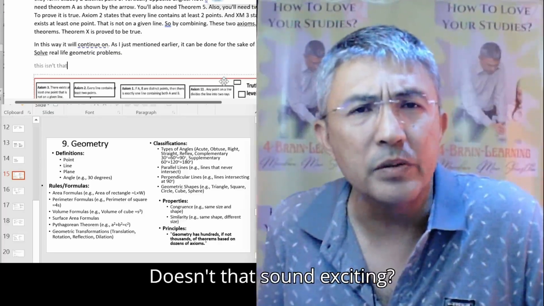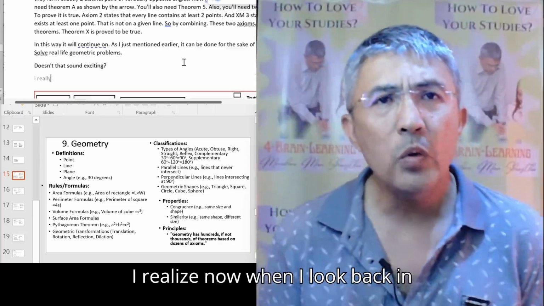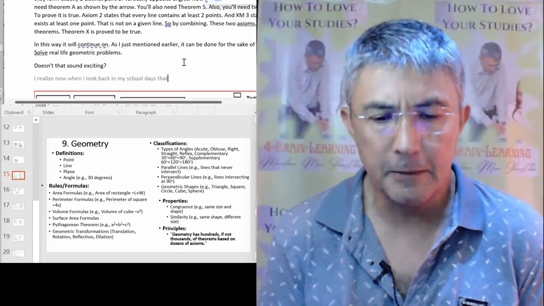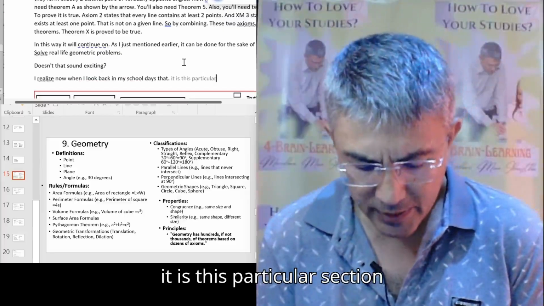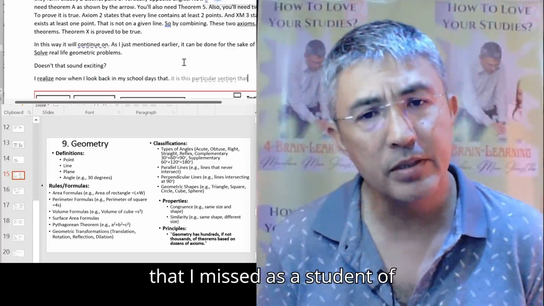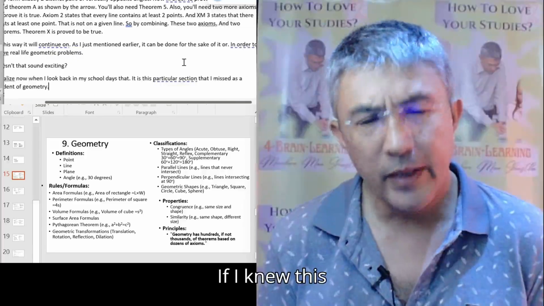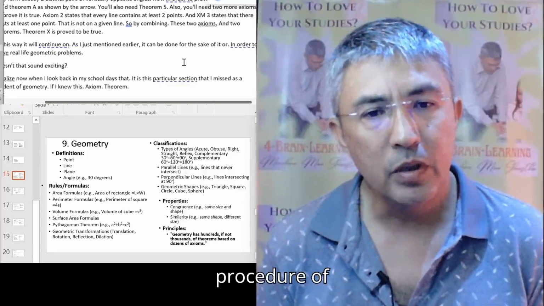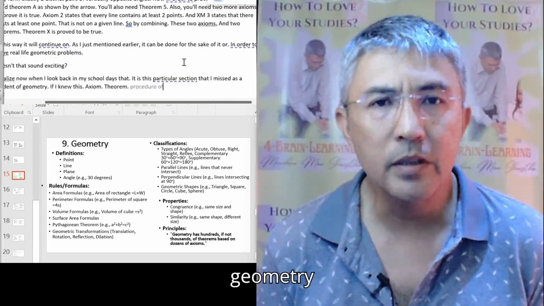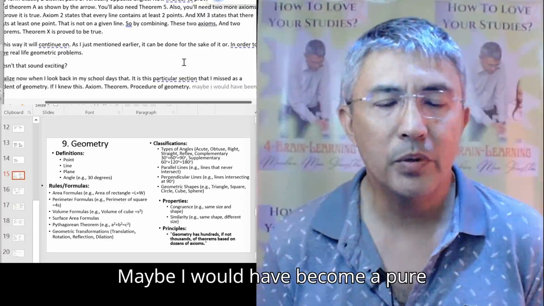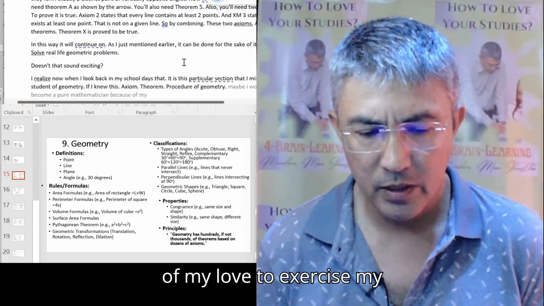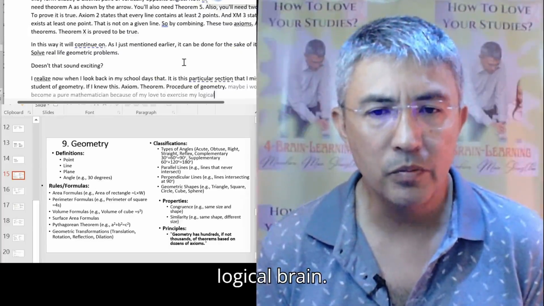Doesn't that sound exciting? I realize now, when I look back at my school days, that it is this particular section that I missed as a student of geometry. If I knew this axiom-theorem procedure of geometry, maybe I would have become a pure mathematician because of my love to exercise my logical brain.